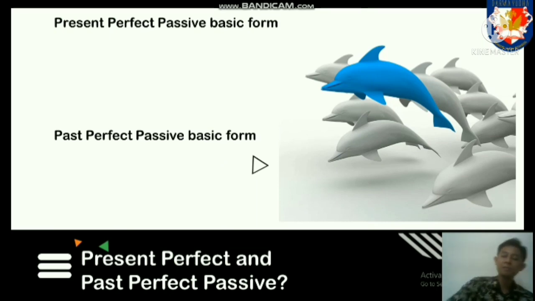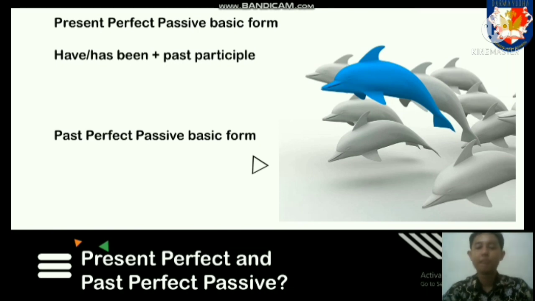And then talking about that one, there is an extra lesson here about passive voice or passive verbs. It is not present simple passive nor past simple passive, but it is actually present perfect passive and past perfect passive, guys. This is just an extra. So this is how we form it.